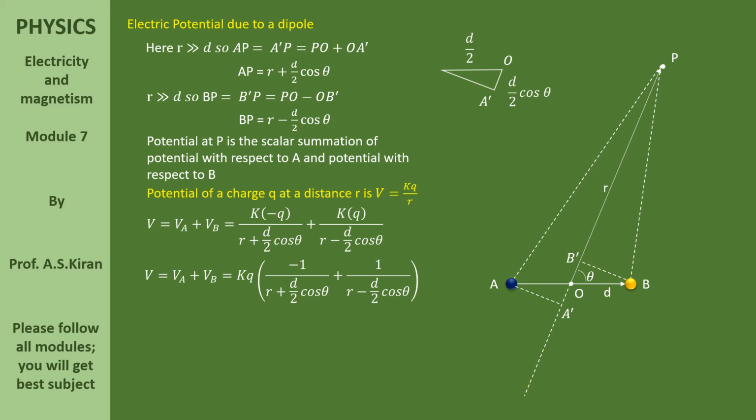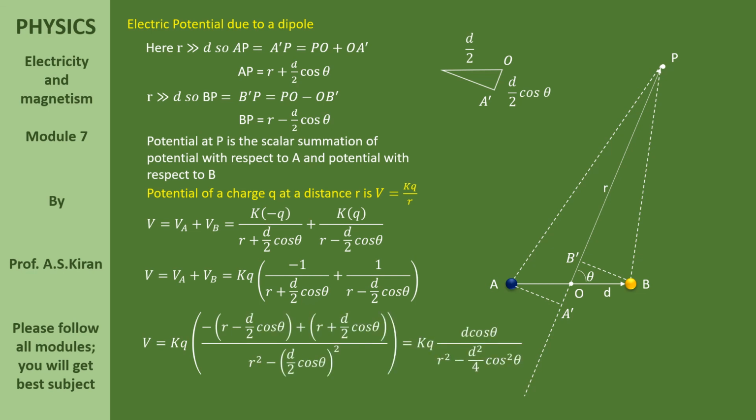Now here, inside the bracket, there are two denominators, r plus d by 2 cos theta and r minus d by 2 cos theta. In any case, if the denominators are in the form of a plus b and a minus b, what is the LCM then? Simply a square minus b square, the product, is the LCM.